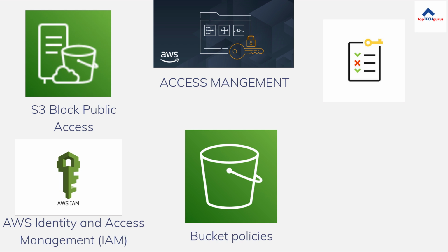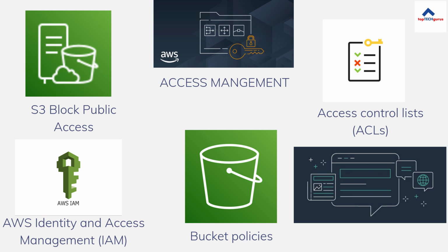Access control lists can also be used to grant read and write permission to the users who are authorized to access S3 buckets and objects. Access Analyzer for S3 can be used to evaluate and monitor S3 bucket access policies, ensuring that policies provide only the intended access to the S3 resources.